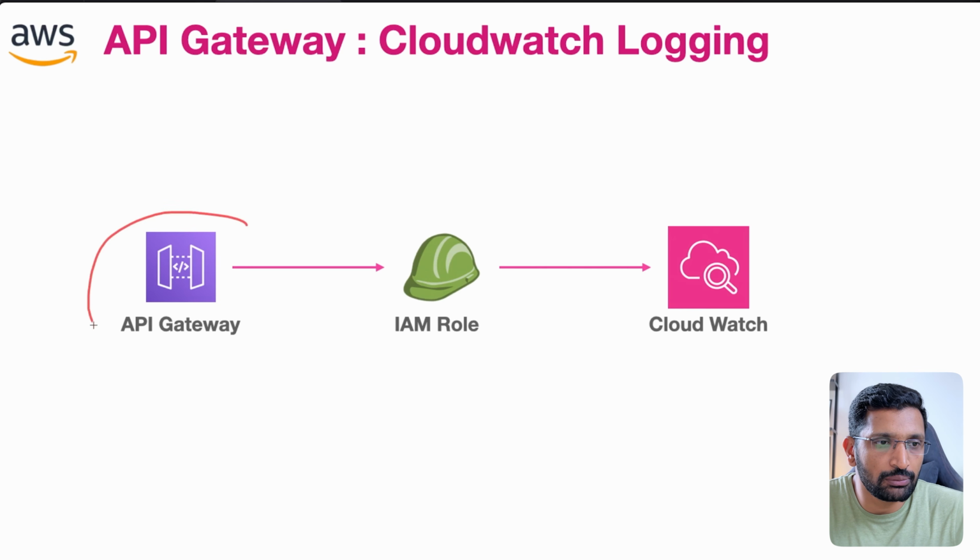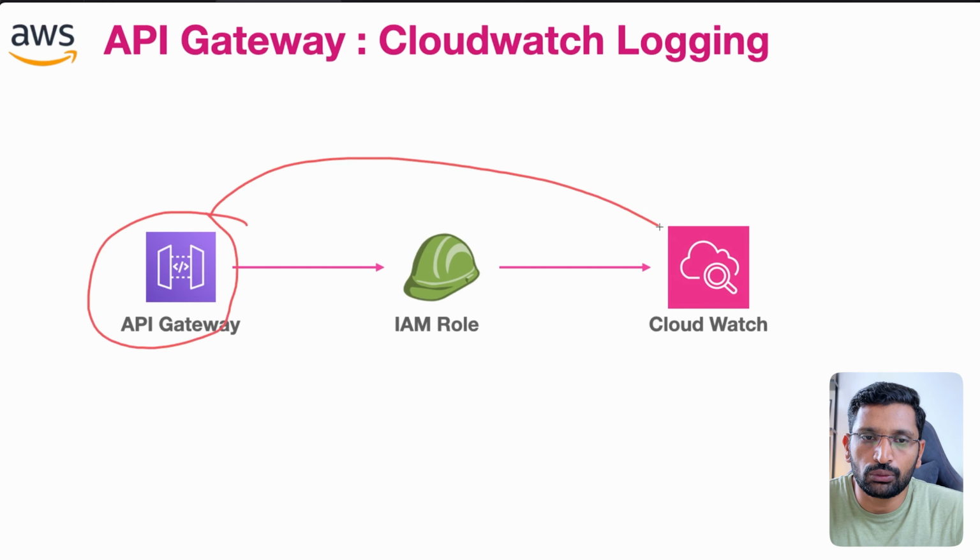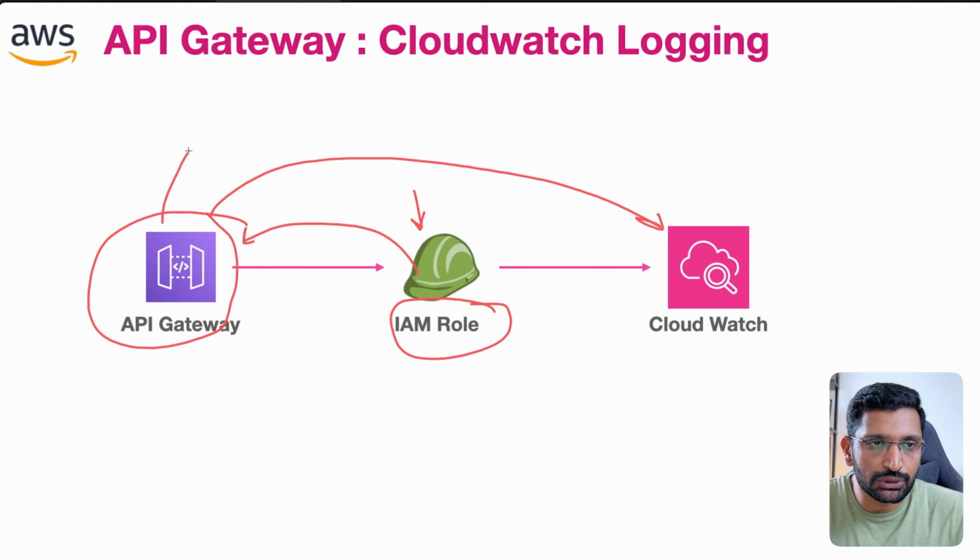So here is your API gateway, and to push your log to the CloudWatch, you need to have a certain IAM role. So what we are going to do first, we are going to create this IAM role, and once we have created this IAM role, then we are going to associate it with our API gateway, and then in each API we'll be able to use this particular role to push the log into our CloudWatch.